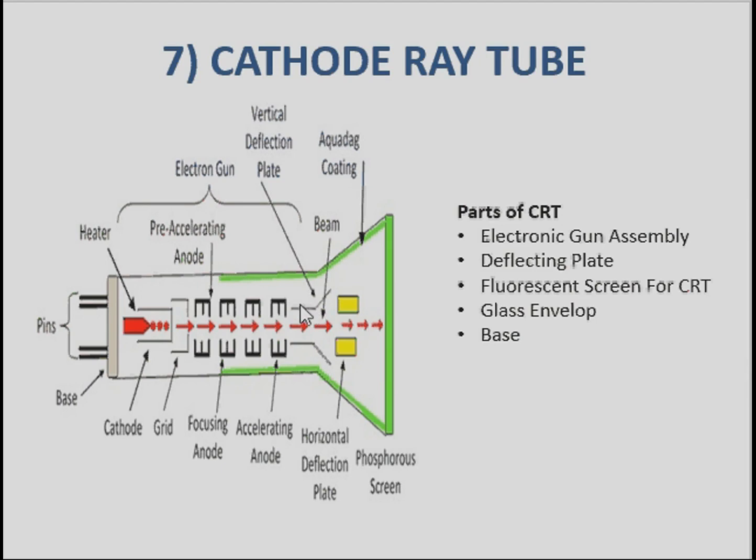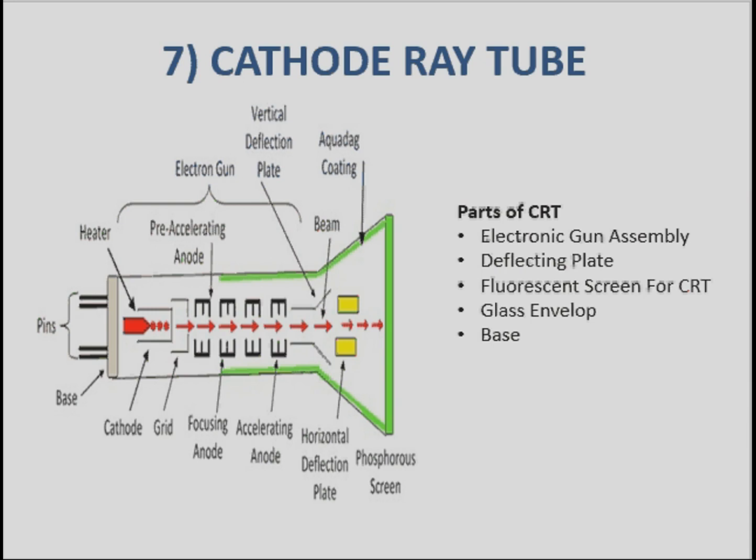The last part of this CRT is the glass body and base. The entire CRT assembly is provided inside a glass housing, which is for protection purposes. Between the neck and the screen of this CRT, an aquadag coating is provided.